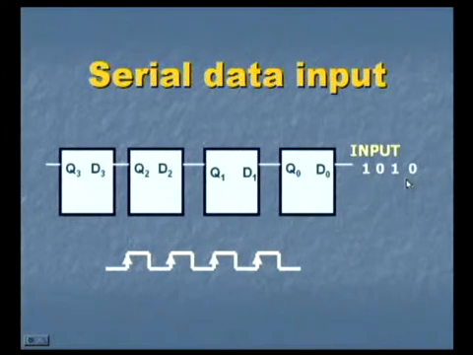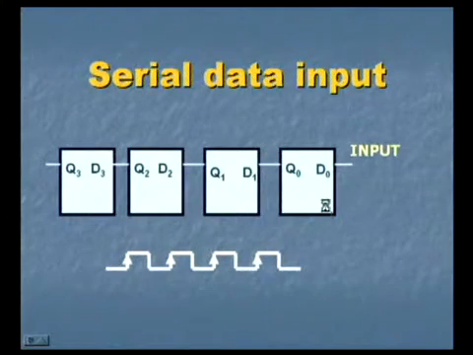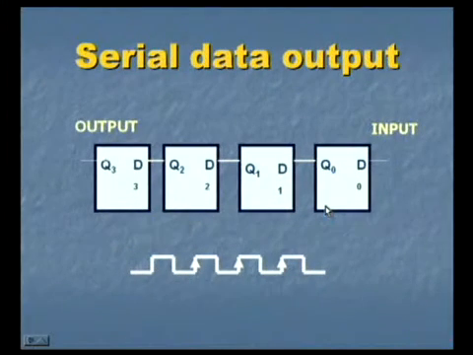If this is the input, then upon each clock pulse, one bit moves into the register. On the third clock pulse, the third bit moves, and on the fourth clock pulse, the fourth bit has moved. This is the serial data input, whereas the opposite will be the serial data output.